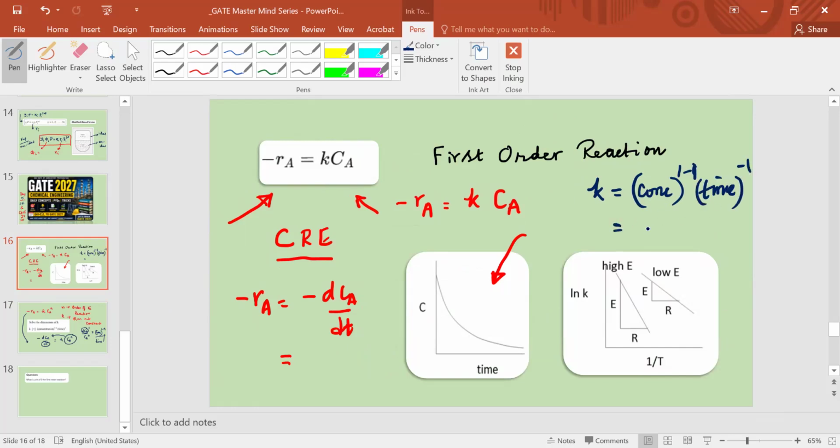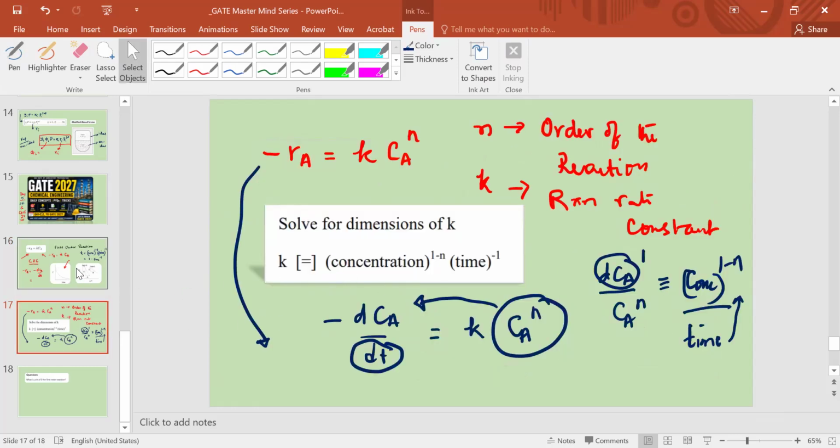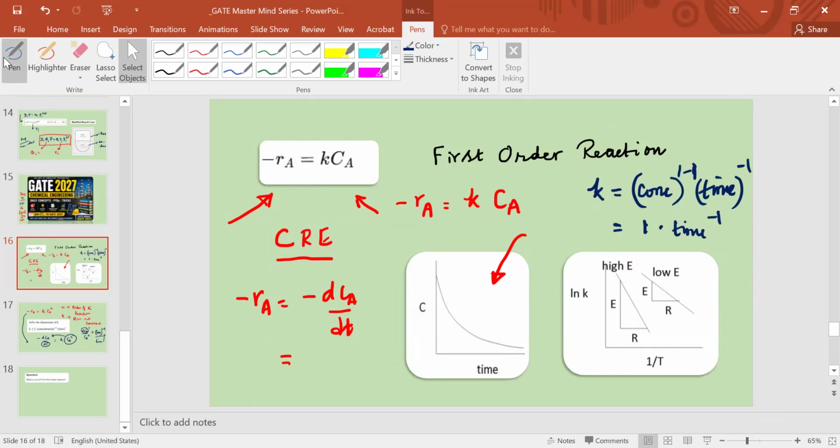So this is concentration power 0, which is 1, into time inverse. Again, it is a small k. You can see in this graph, the second graph denotes the dependency of k on temperature. You can take the Arrhenius law and look at that.